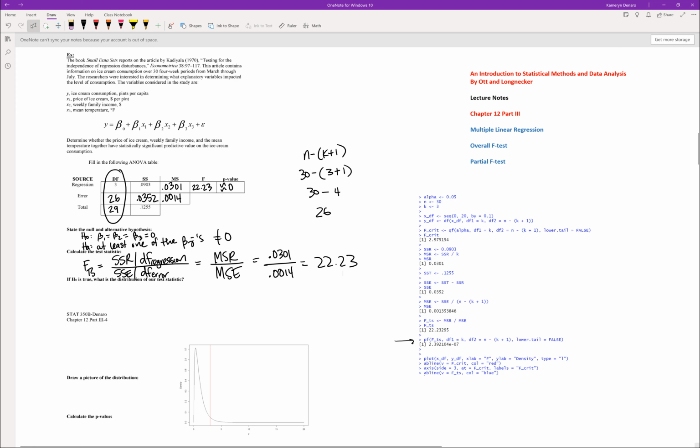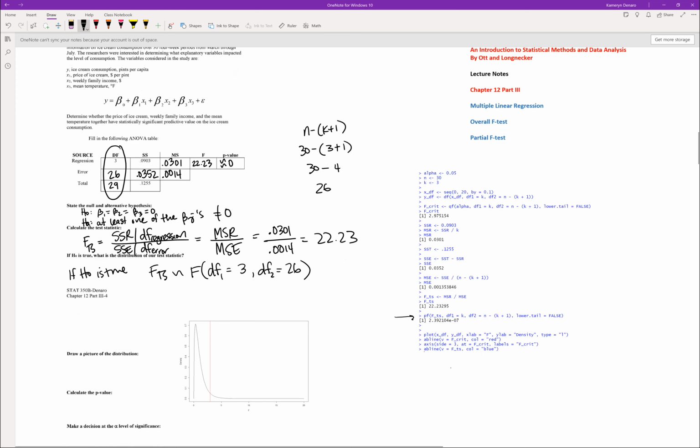All right, if H0 is true, what is the distribution of our F statistic? Okay, if H0 is true, then our test statistic follows an F distribution where the degrees of freedom 1 is equal to 3, degrees of freedom 2 is equal to 26, right? Okay, if we draw a picture of the distribution, here's what we get.